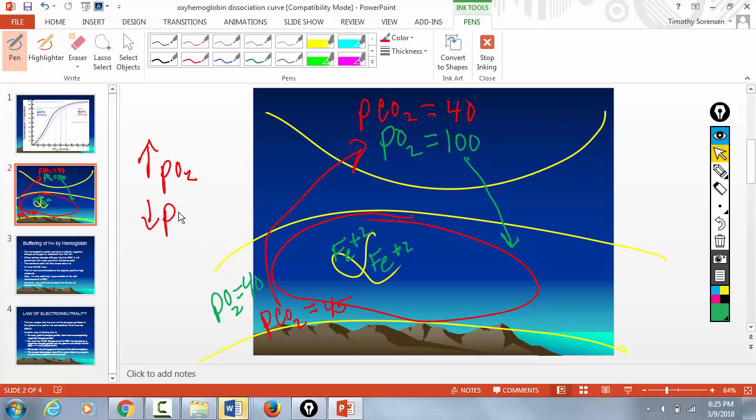Low PCO2. Say yes. Low PCO2 and high PO2 make oxygen want to bind to the iron on hemoglobin. Where do you find those conditions? In the lungs. Only makes sense.